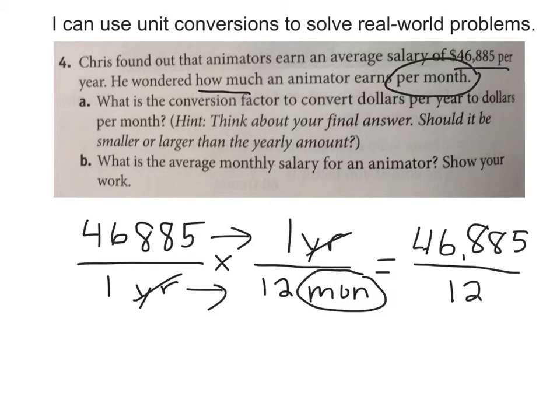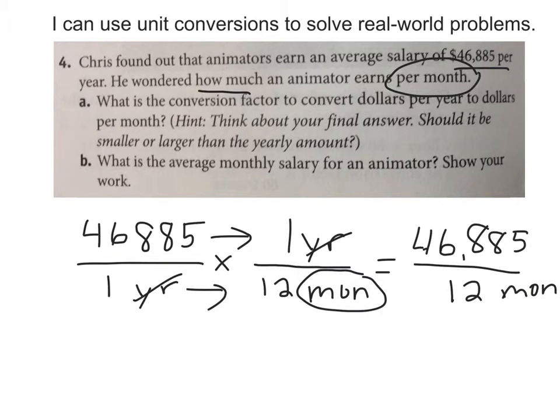A fraction is a division problem. So here, I have to be careful because I have my 46,885 per 12, and what is my 12? My 12 is months. I want to keep that unit on there. So, a fraction is a division problem here. So I just have to divide 46,885 divided by 12.